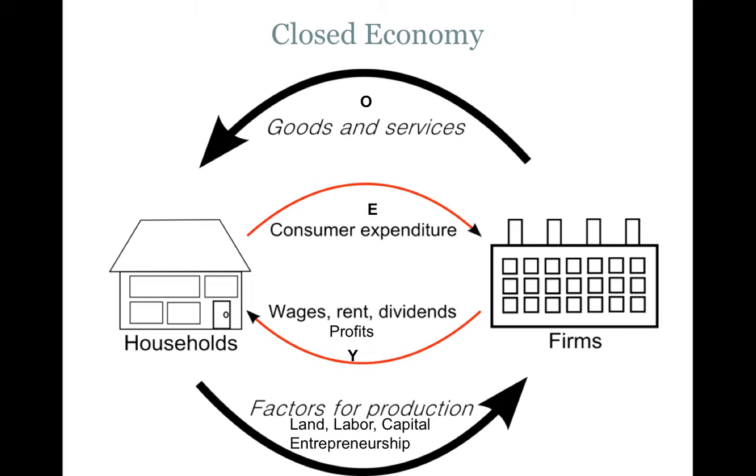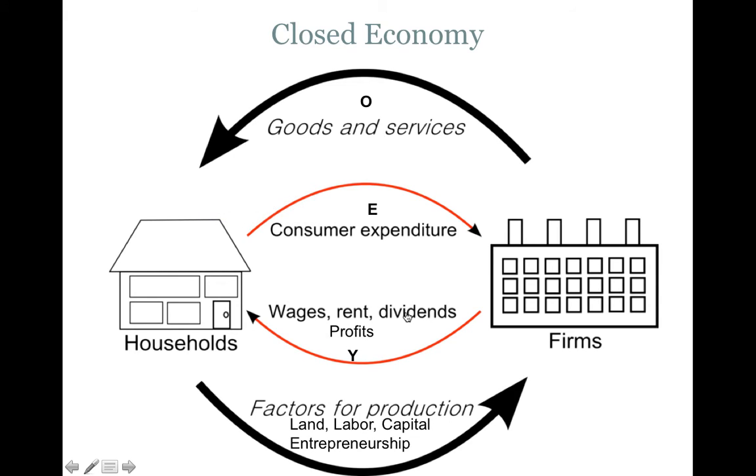That's money that flows from the households over to the firms. When the consumers send that money over to the firms, in exchange, the firms send goods and services, or output, over to the households. So money flows from the households to the firms, and in exchange, goods and services flow back.